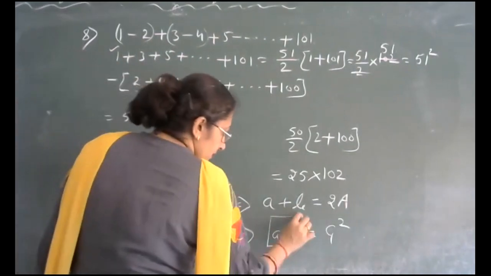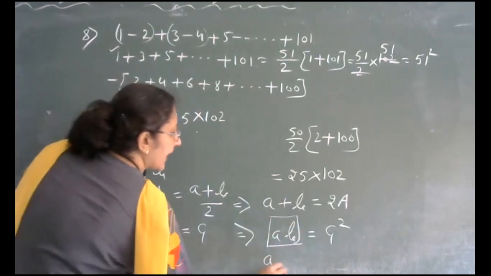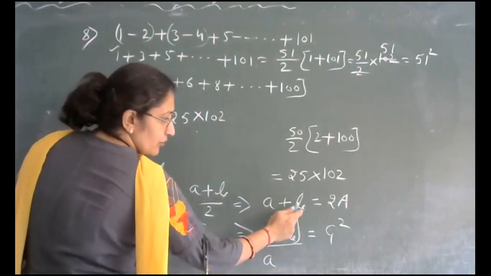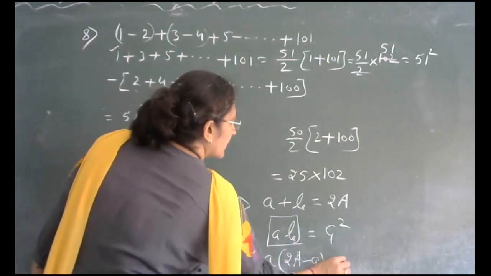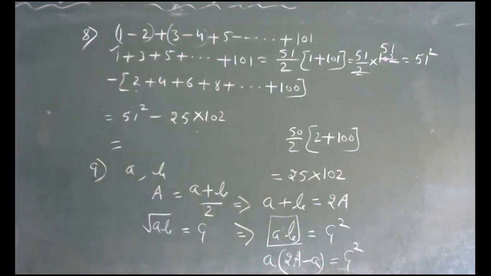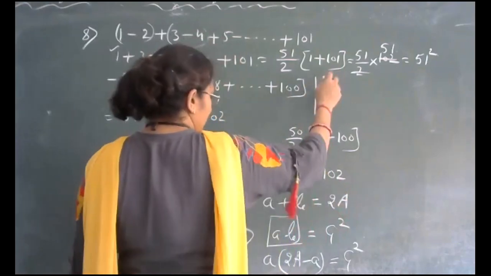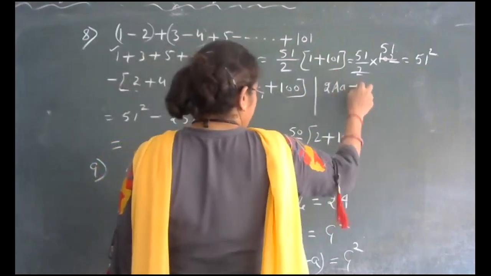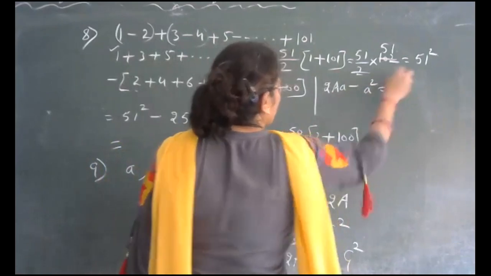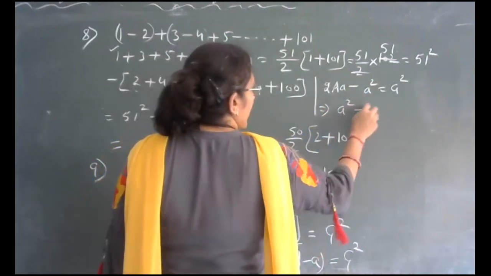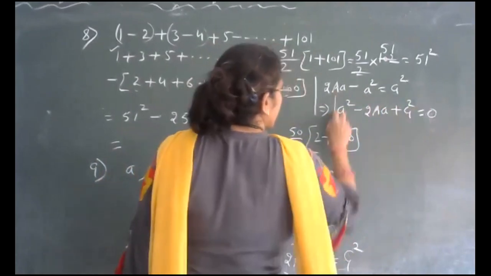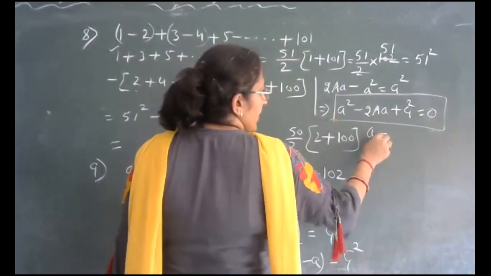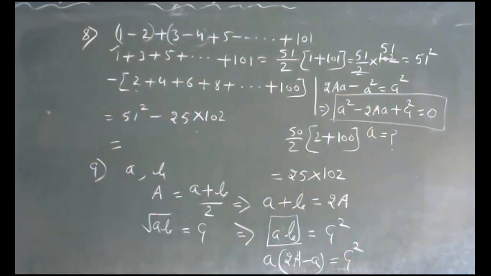Now you can substitute the value of b: a into the value of b, which is 2A minus a, is equal to G square. So it will be quadratic in a and you have to find the value of a. The equation will become 2A into a minus a square is equal to G square, or a square minus 2A into a plus G square is equal to 0. Now this is a quadratic equation. Using the quadratic formula you can write the value of a.